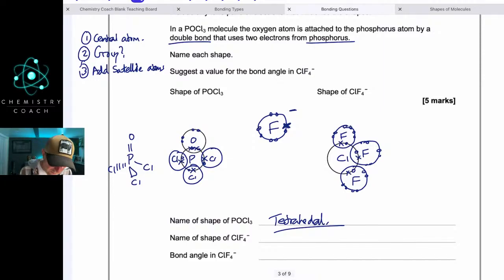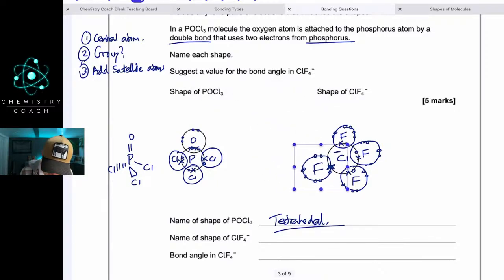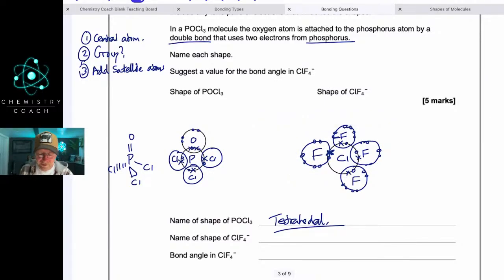Because this has already got a full outer energy level of electrons, it must be using those 2 electrons to form a bond with chlorine, like so. So we've got this creepy, weird little dative covalent thing going on, and that just gives the whole molecule a negative charge. I'll give you another example of that in a second. I'll just finish this off.